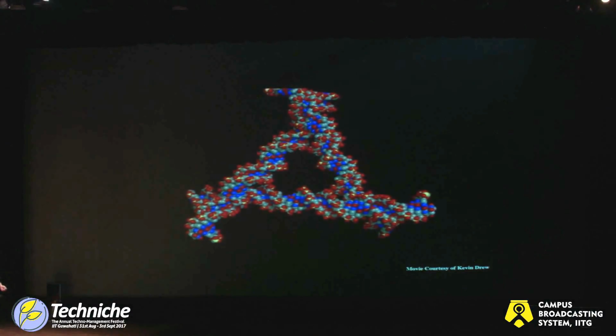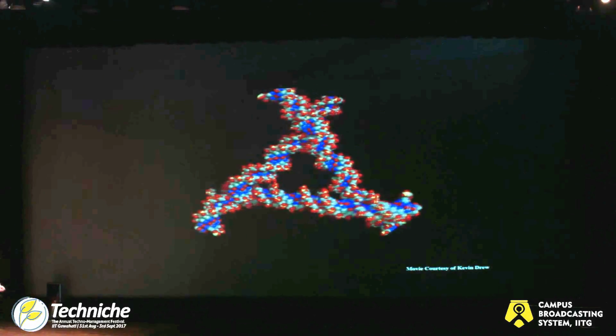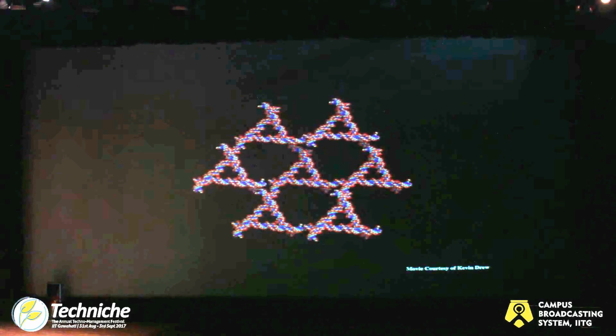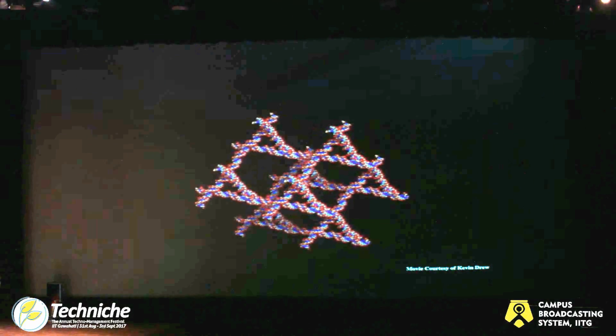This is a movie that shows you the 4-turn helix because it's the most photogenic. And we can watch it actually forming a rhombohedron for us. You can see there are 4 of the triangles. And here are 4 more, 3 more. And here's the last one. And you can see the rhombohedron that we're able to form.